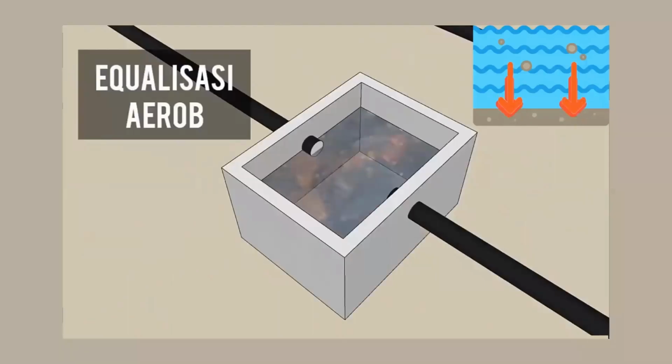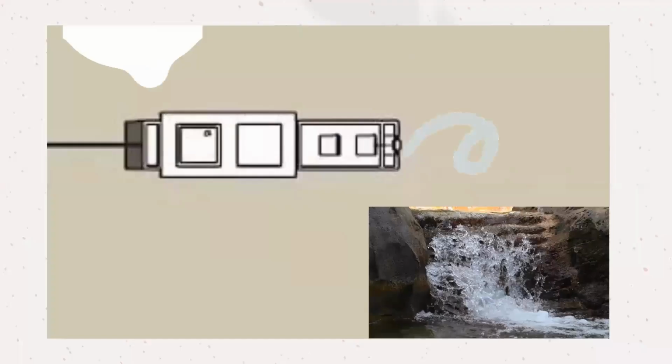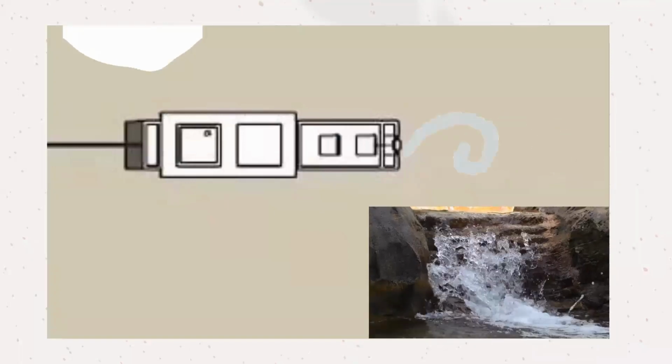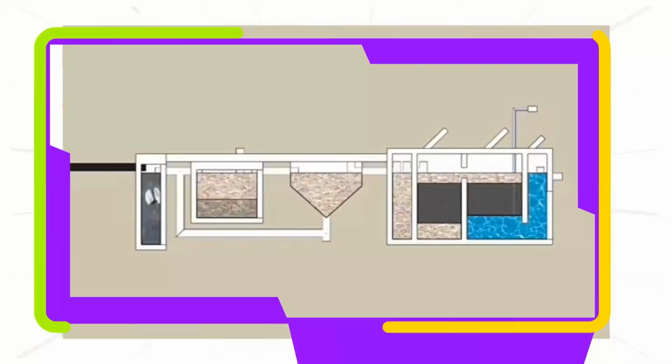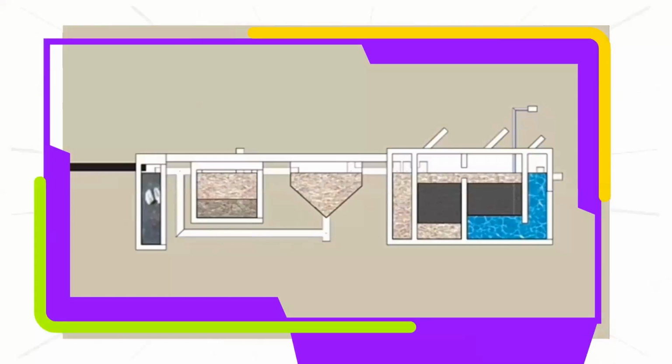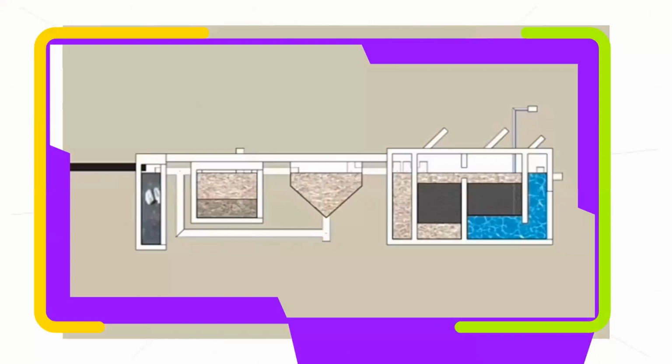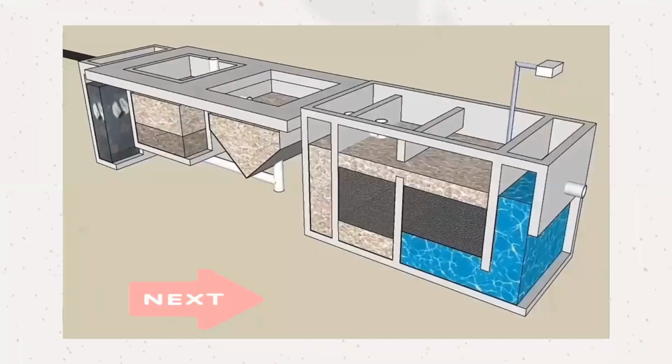And then the wastewater will enter the aerobic equilibrium tank. Physical sedimentation occurs in the tank. The next is the water will be directed to the river. And then the water will enter the system that has been designed as shown in the picture. And this is a design from the other side.